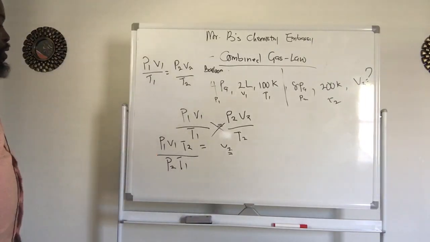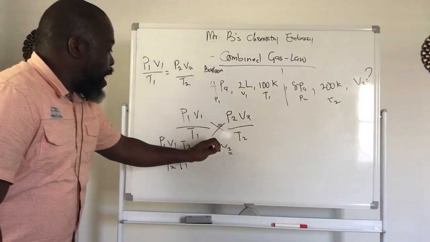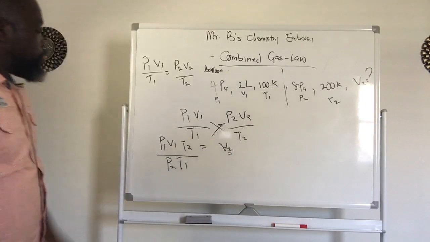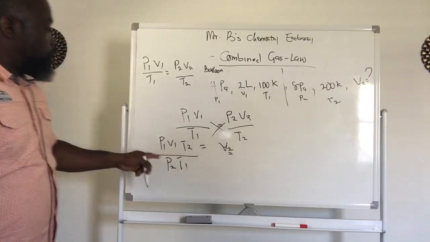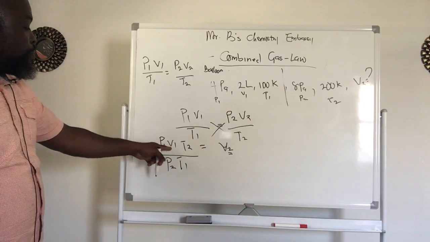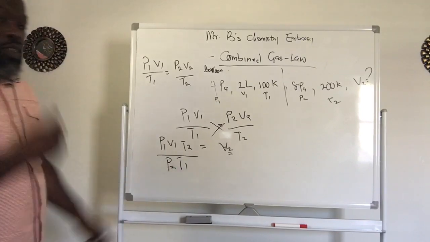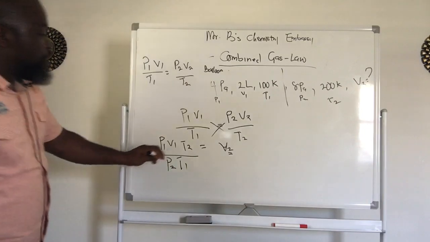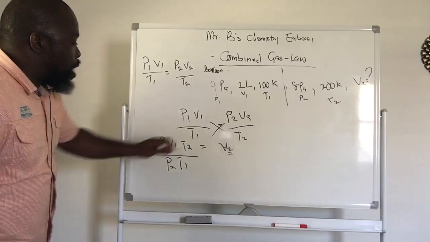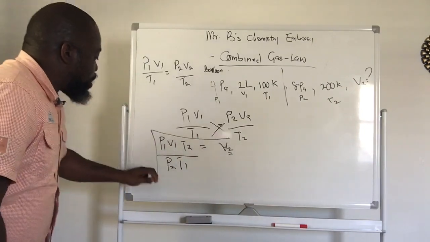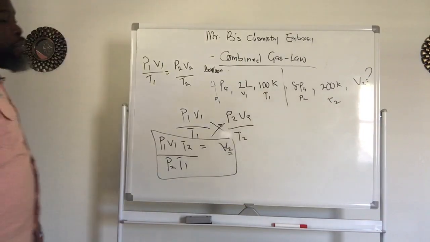You guys can now see that to find your V2, you have this formula: P1 V1 T2 divided by P2 T1. So that is going to give you what you need.